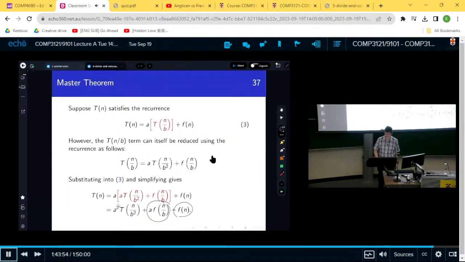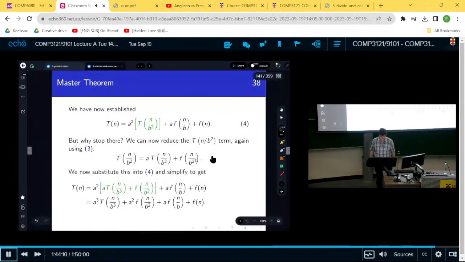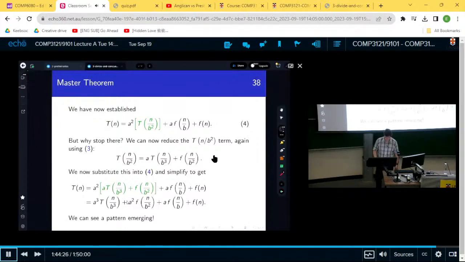And we could make another step of unraveling. So we replace this by the definition of T, and then plug it in. Now here we get the amount of computation that occurs at the third level of the recursion tree. And we can keep going, and we see this pattern emerging. So we have this a to the power something, f of n divided by b to the power something.